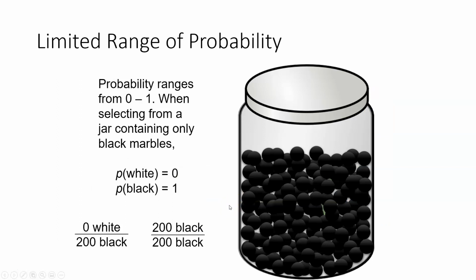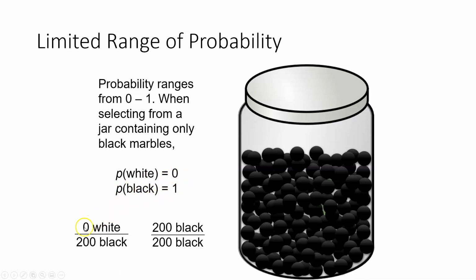Probability has a limited range. It spans from 0 to 1. Imagine an extreme example where you have only black marbles in a jar, and the probability of drawing a white marble then would be 0, and the probability of drawing a black marble would be 1, or 100%.